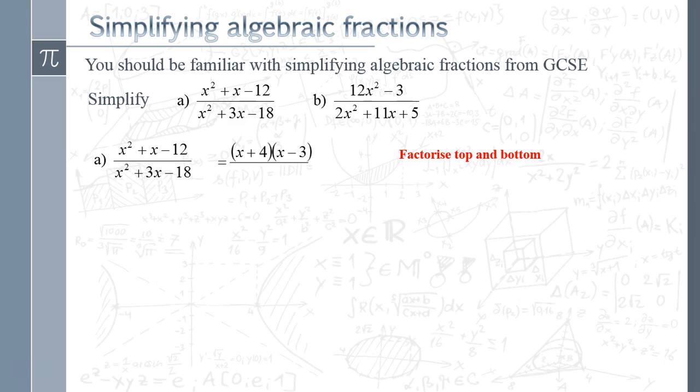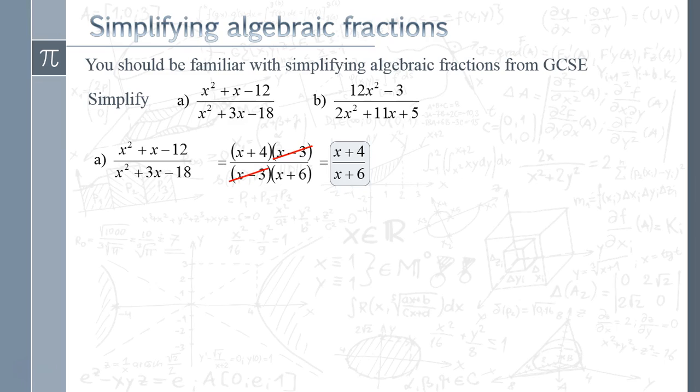So if I'm thinking about minus 18, it's going to have x plus or minus 3, and it's going to be x minus 3. So that gives me a clue to one of my factors, and clearly x plus 6 is the other. We can see now we've got x minus 3 on the top, x minus 3 on the bottom. Everything's been multiplied, so we can divide the top and bottom by a factor of x minus 3. And there we go. We've got (x plus 4) over (x plus 6).